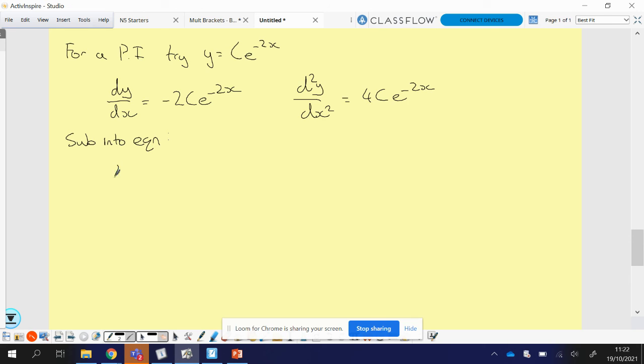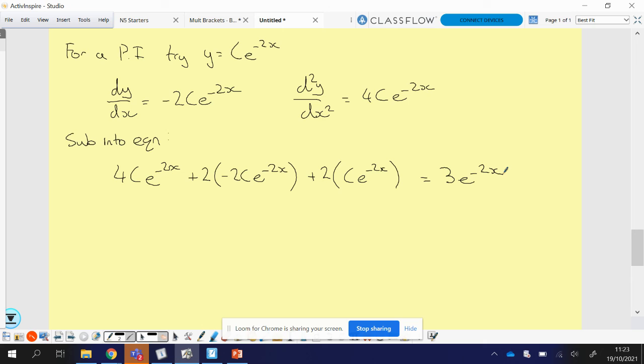So it's d squared y by dx squared, which is 4c e to the negative 2x, plus 2 lots of dy by dx, which is 2 lots of negative 2c e to the negative 2x, plus 2 lots of y, so 2c e to the negative 2x, and all that has to equal 3e to the negative 2x.